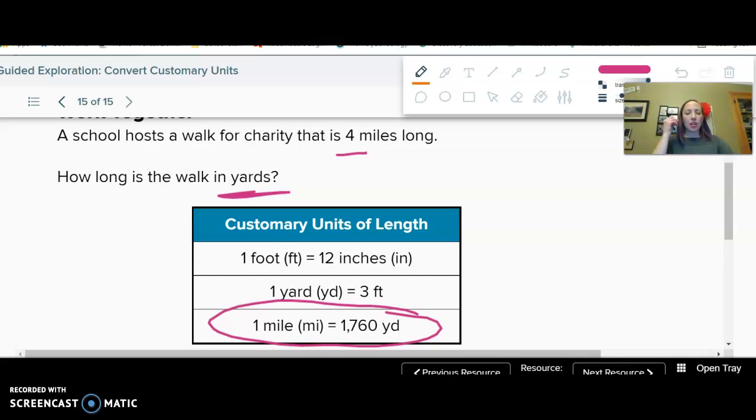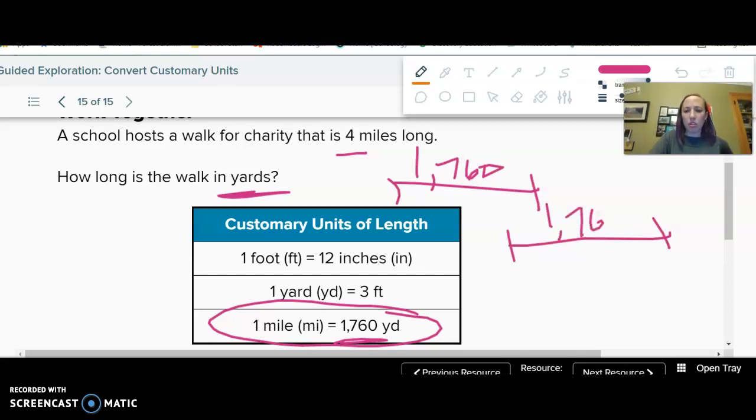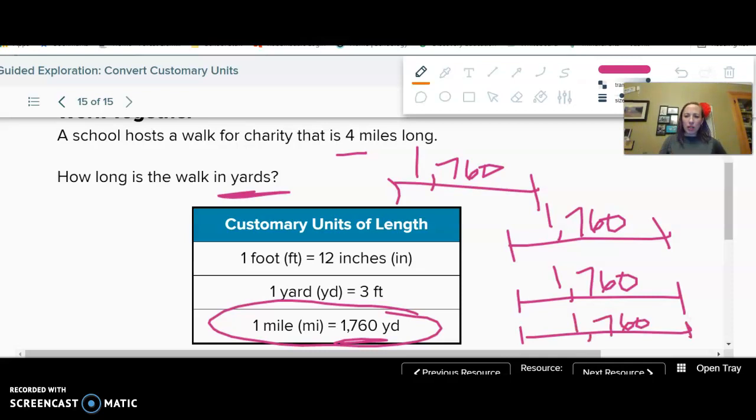Now, if I divided, say I did 1,760 divided by 4, I would get a smaller number than 1 mile, like 400 yards, but that doesn't make sense because I have 4 miles and each one is 1,760 yards. It wouldn't make sense to divide and get a smaller number no matter which way I divided.